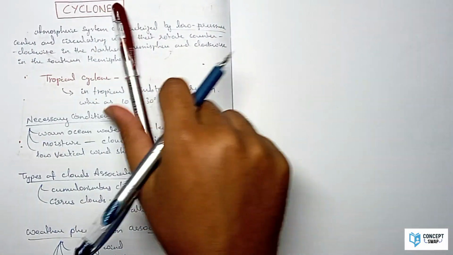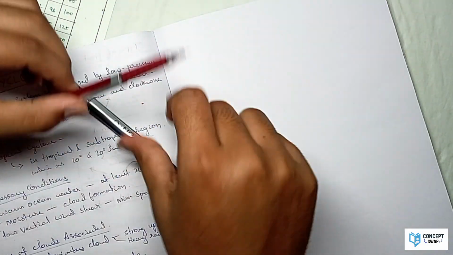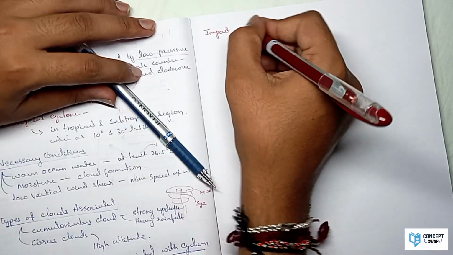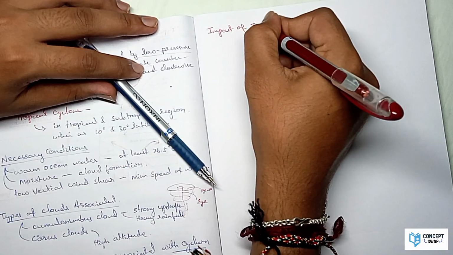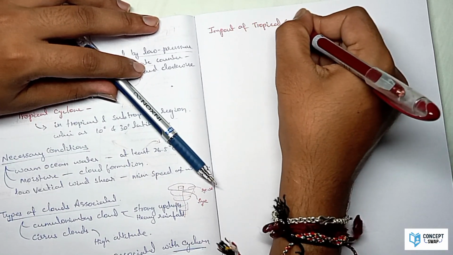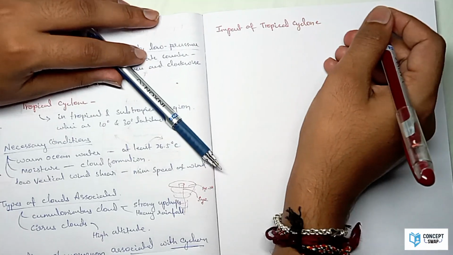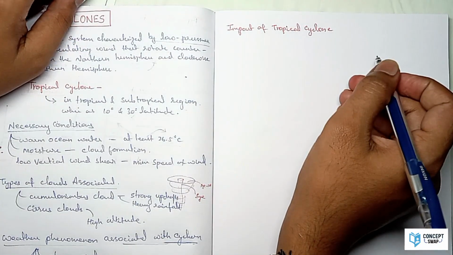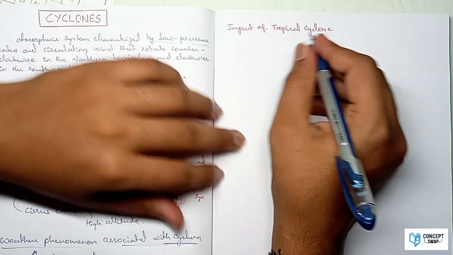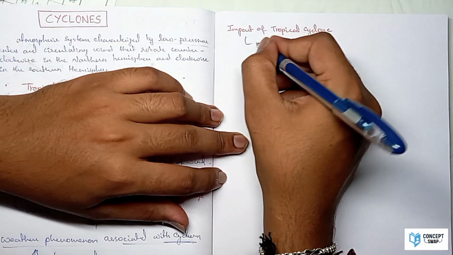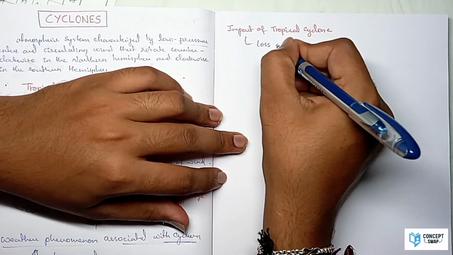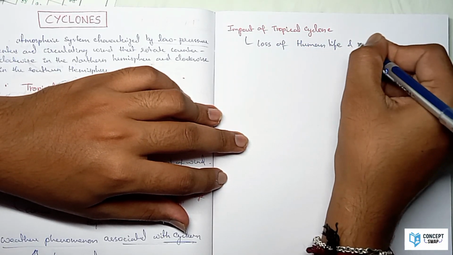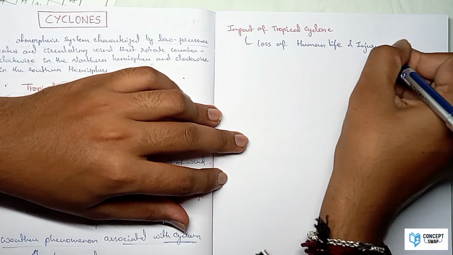Okay, now let's discuss the impact of tropical cyclones. What are the main impacts? Number one impact is loss of human life and injuries.